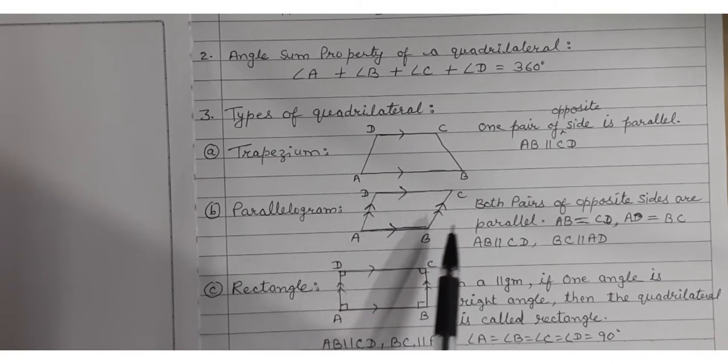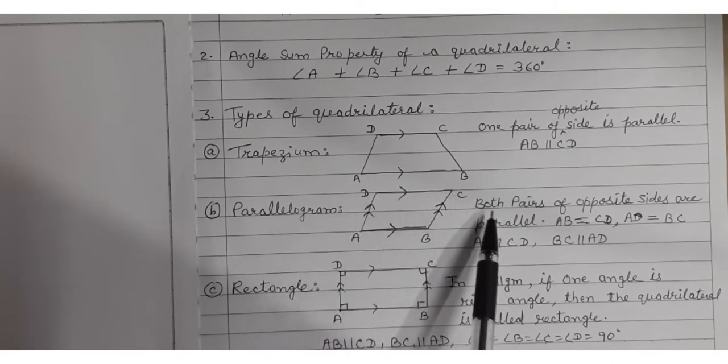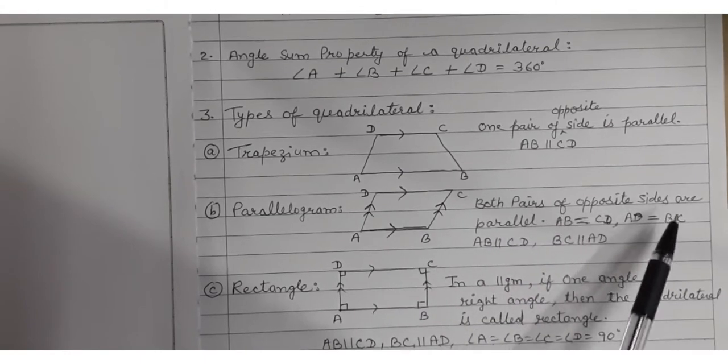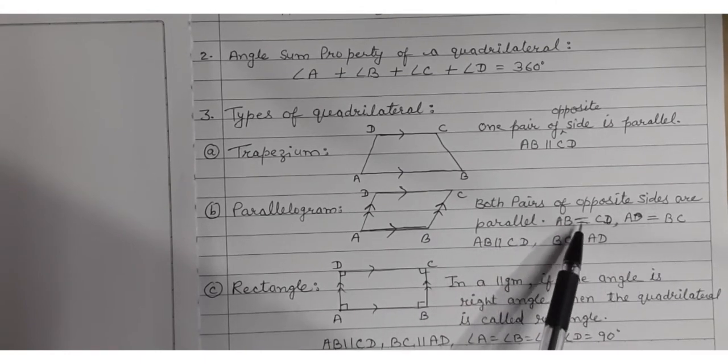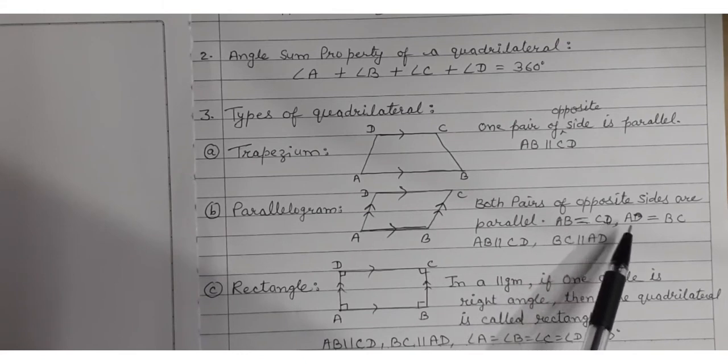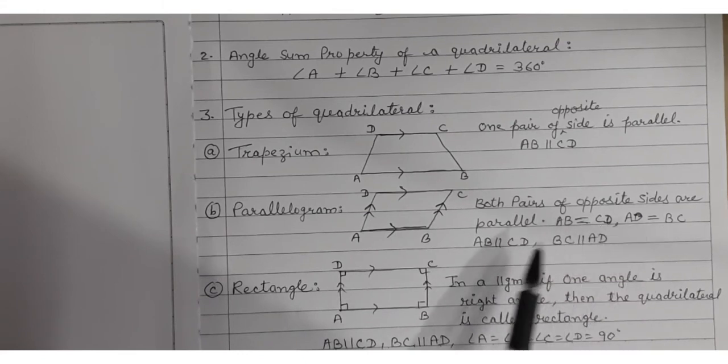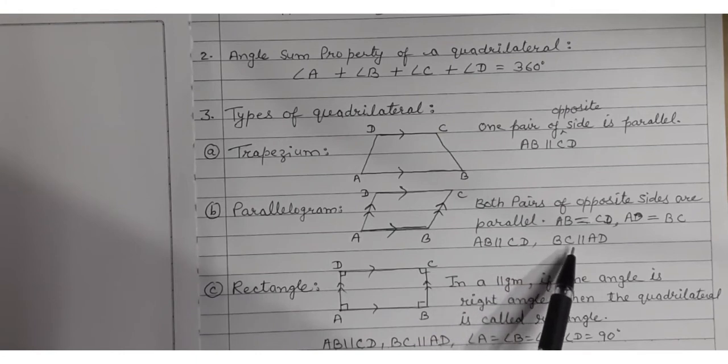So in a parallelogram, both pairs of opposite sides are parallel and equal. AB equal to CD, AD equal to BC, AB parallel to CD and BC parallel to AD also.